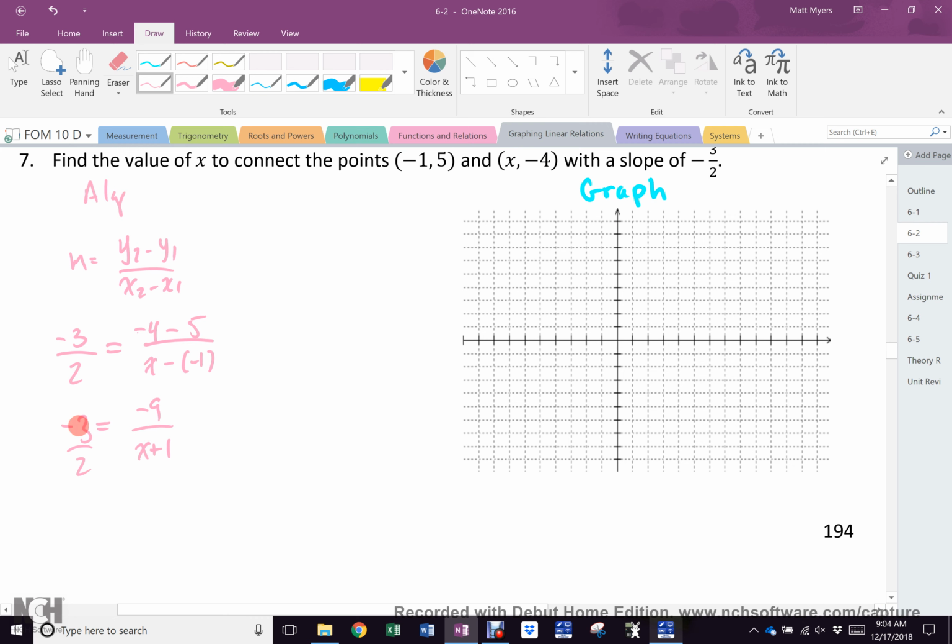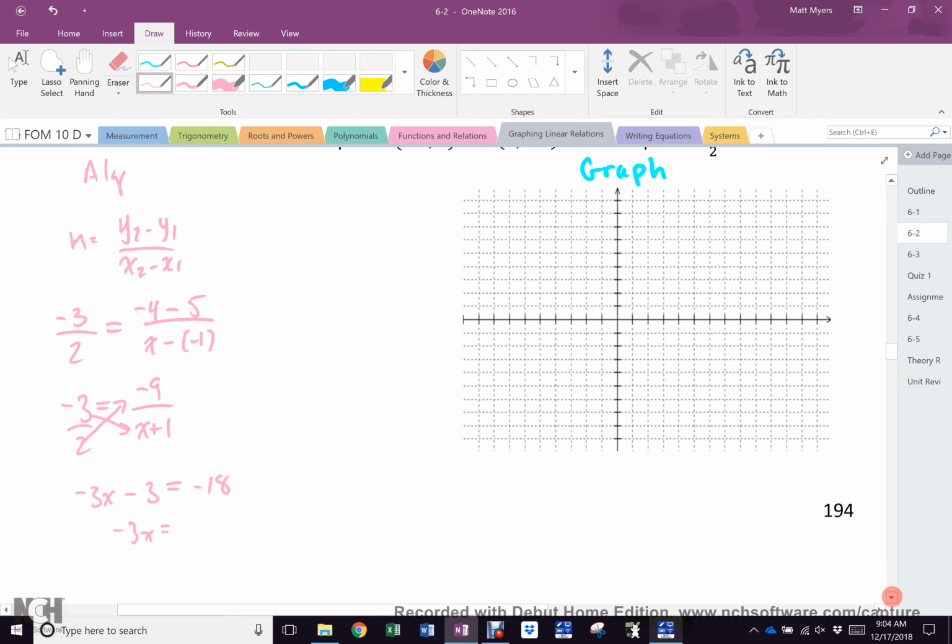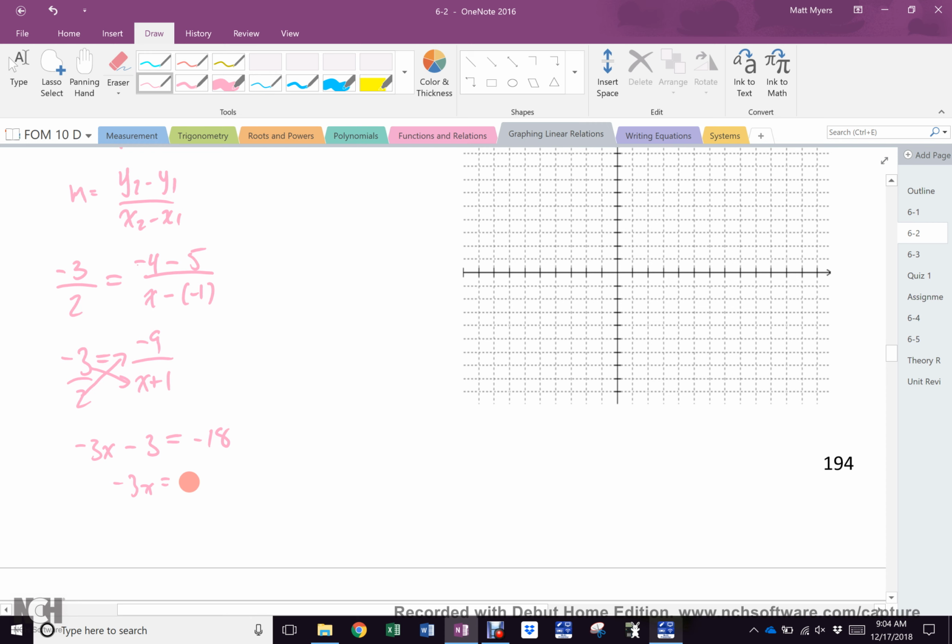Cross multiply. What's -3 times x plus 1? -3x minus 3 equals, what's 2 times -9? Minus 18. Solve this. -3x equals what? Minus 15. What does x equal? +5. Right?